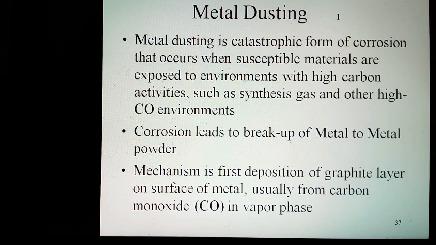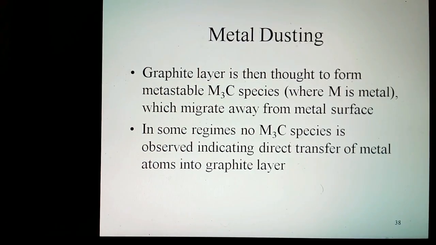The suspected mechanism is firstly the deposition of a graphite layer on the surface of the metal, usually from carbon monoxide or CO in the vapor phase. This graphite layer is then thought to form metastable M3C species, where M is the metal, which migrate away from the metal surface. However, in some regimes no M3C species is observed, indicating the direct transfer of metal atoms into the graphite layer.